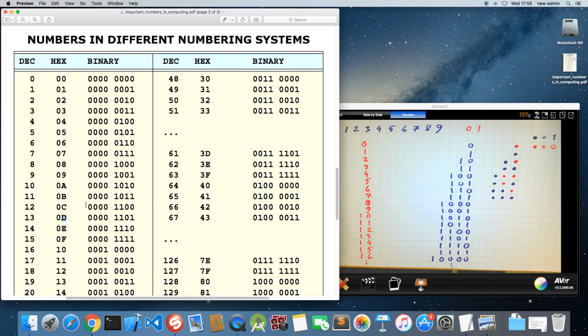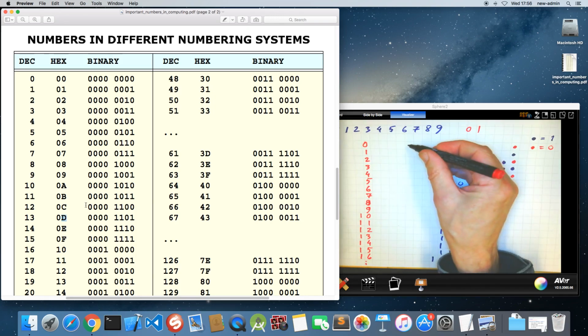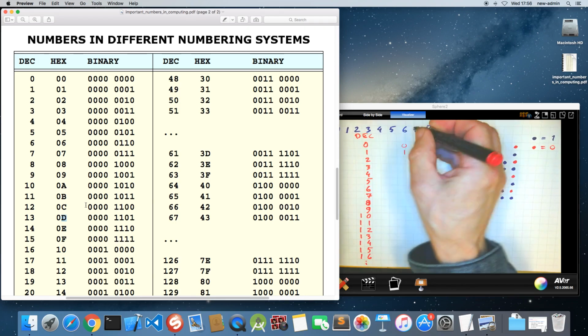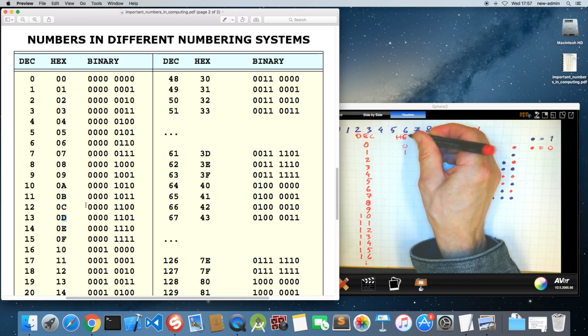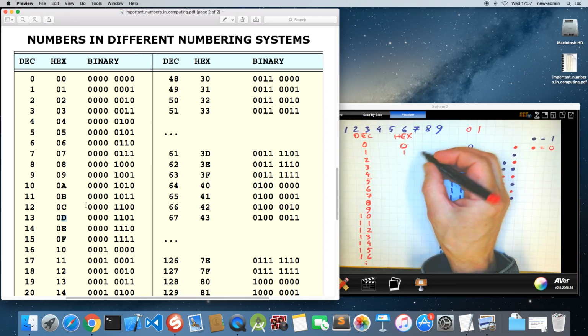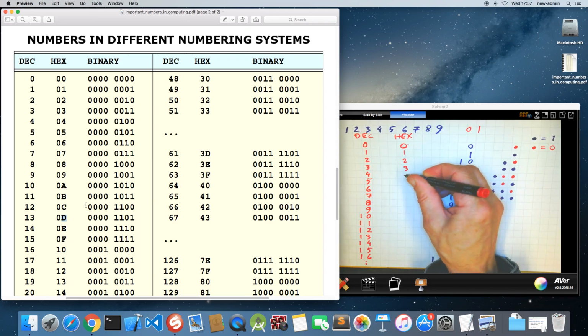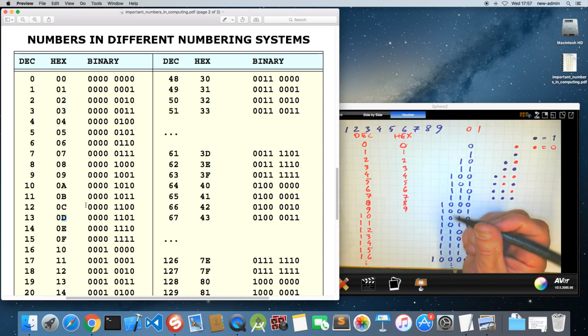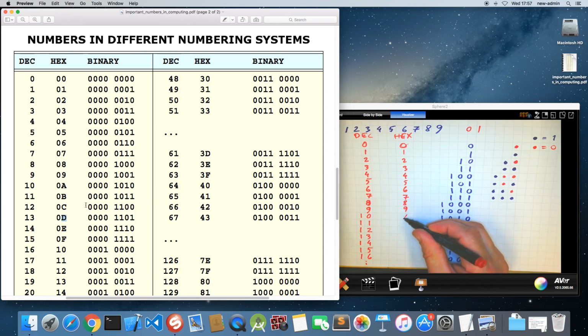So if this is the decimal system and this is the hexadecimal system, it is exactly the same until 9, but then after that comes A, B, C, D, E, and F, and here we will run out of symbols, and then we put 1 there and we start again like this.